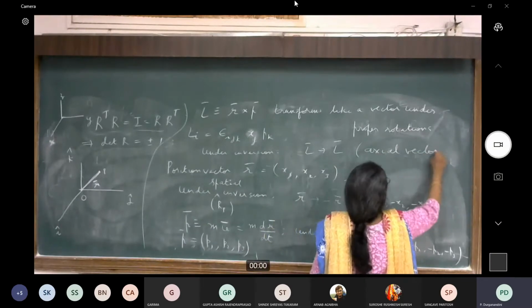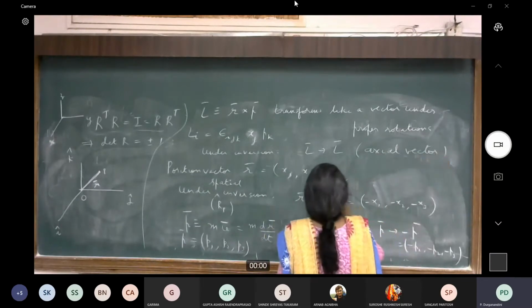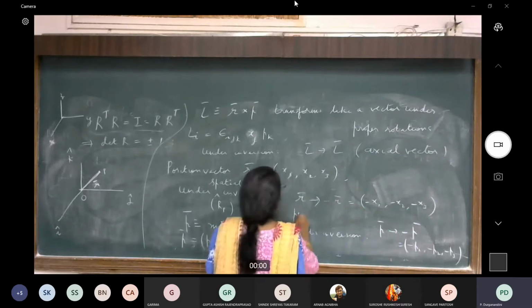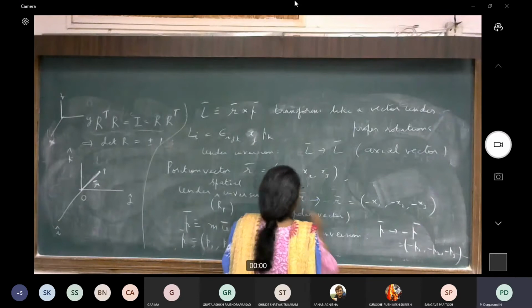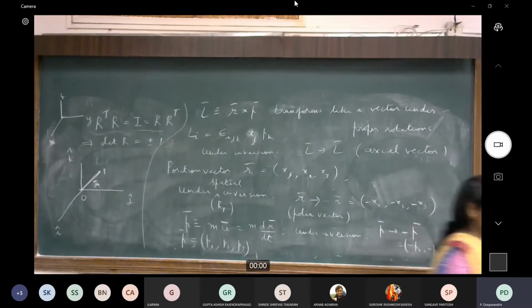This is what you have learned, at least, I hope you have learned at least this. So this is an example of a polar vector. As far as proper rotations are concerned, both your angular momentum vector as well as things like the position vector and momentum vector behave exactly the same way.